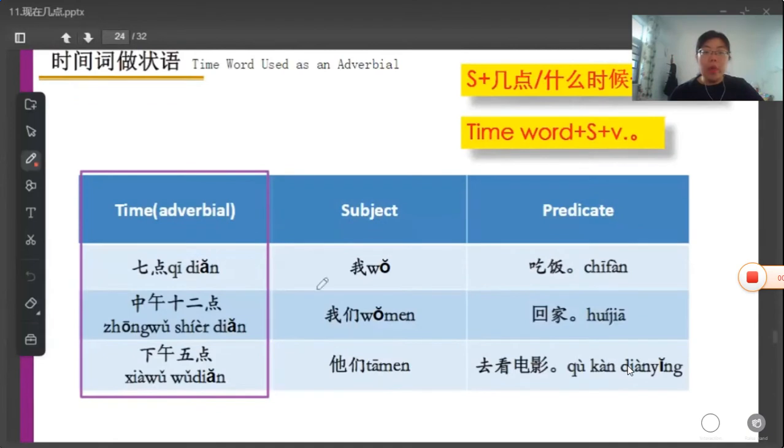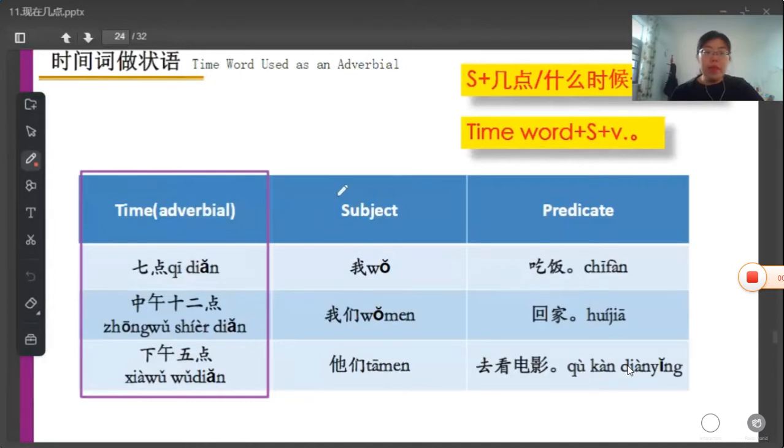7点我吃饭. 中午12点我们回家. 下午5点他们去看电影. Madam, please repeat the last one. 下午5点他们去看电影. Okay.